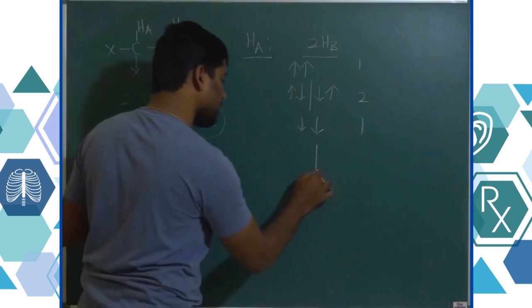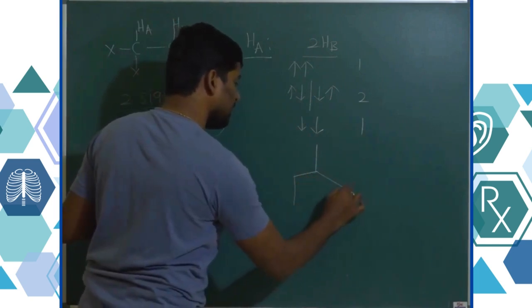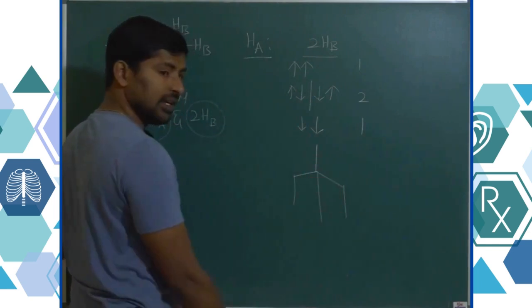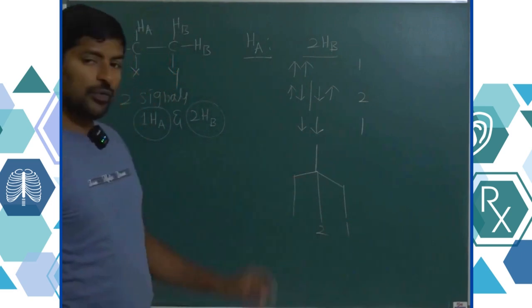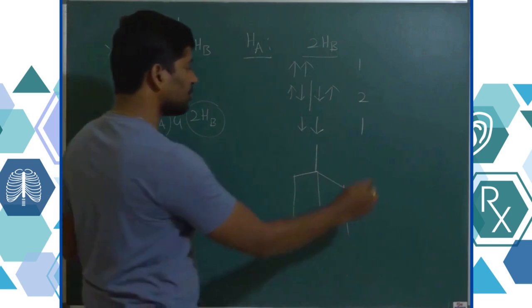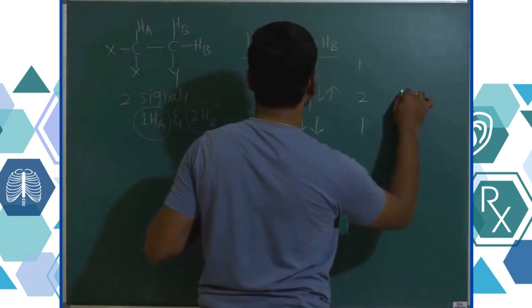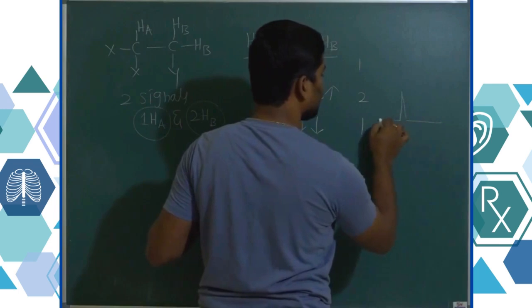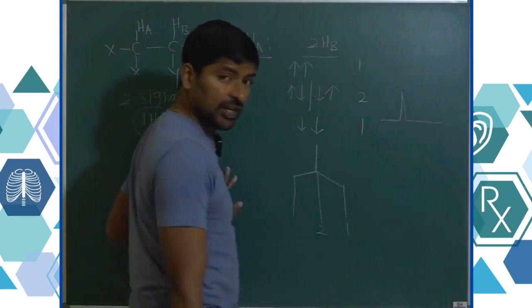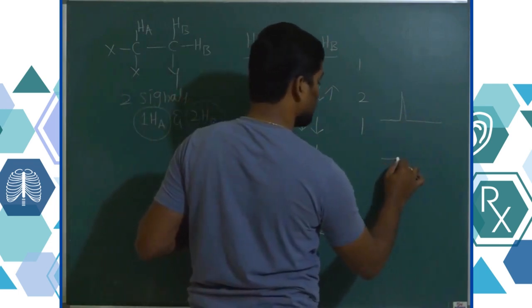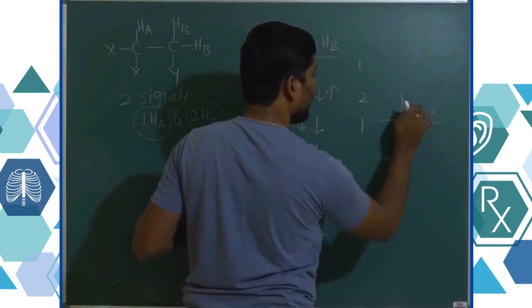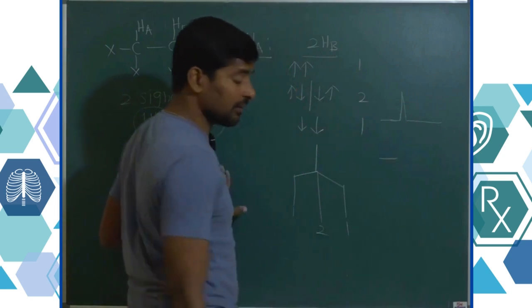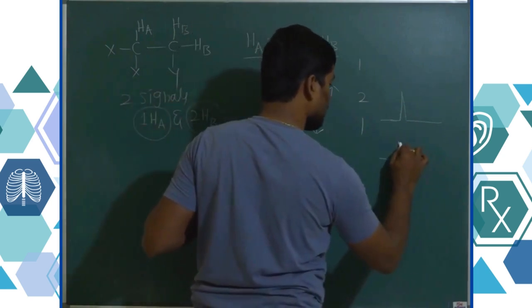So the signal for HA is split into 3 lines, with intensity 1:2:1. In the absence of spin-spin coupling we have the HA signal like this, and in the presence of spin-spin coupling we may get it like this.